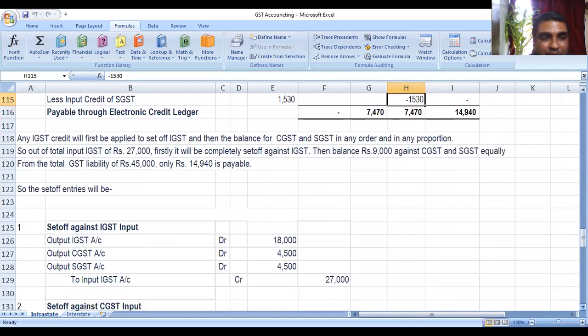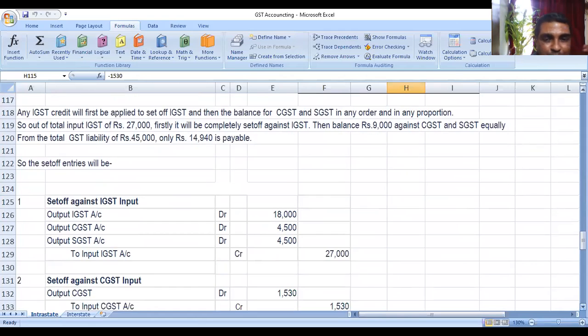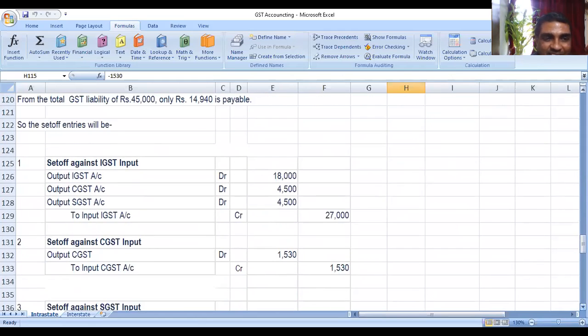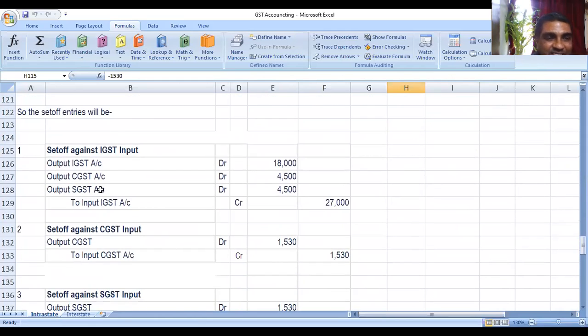So what I will do now, first I will make the set off entry. Set off IGST against input. Total I had 27,000 IGST input credit asset. So I am utilizing output IGST 18,000, output CGST 4,500, and output SGST 4,500.